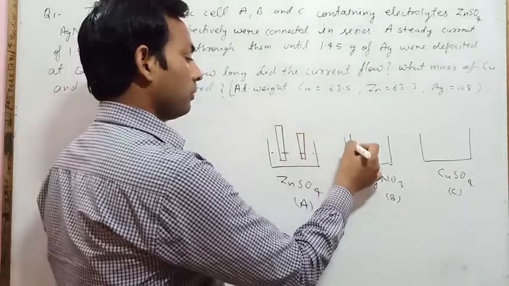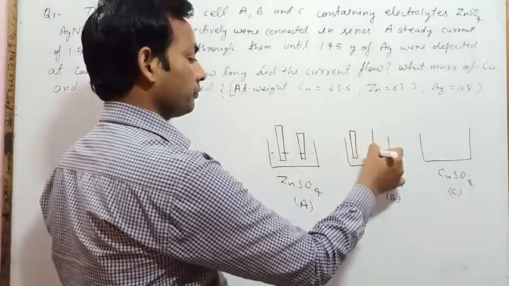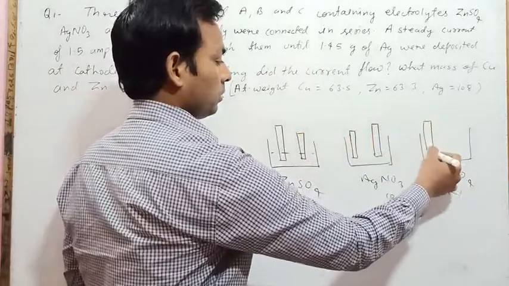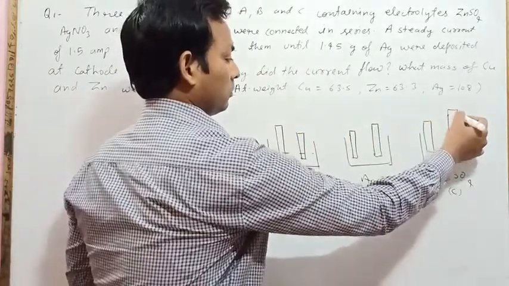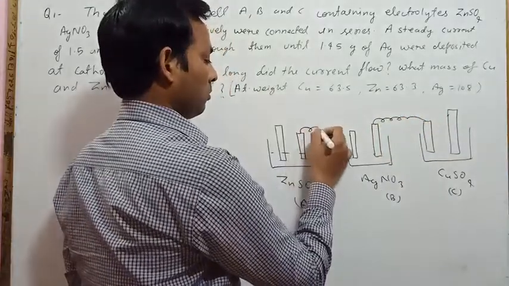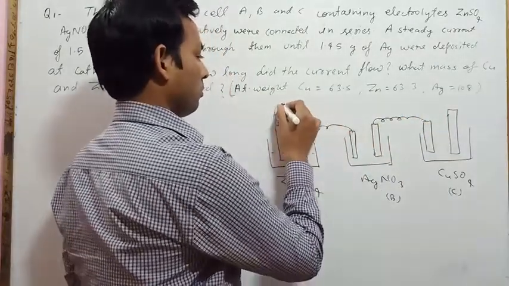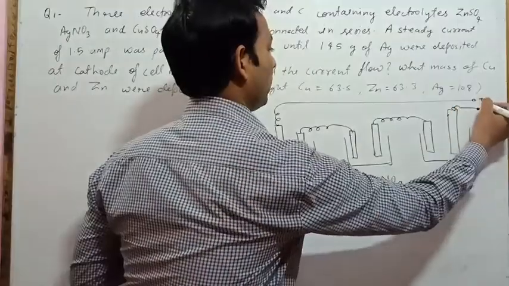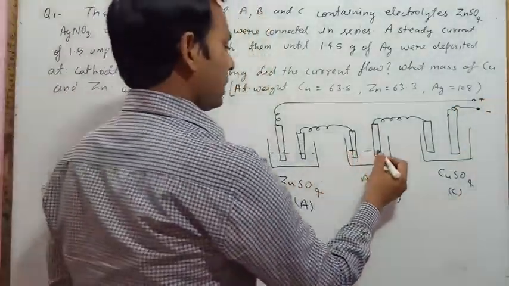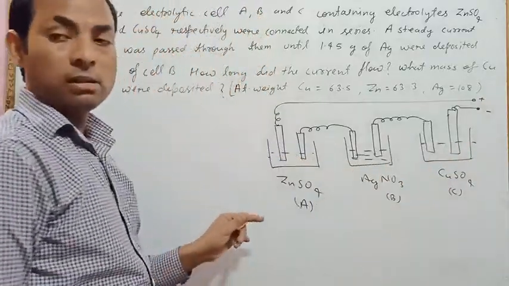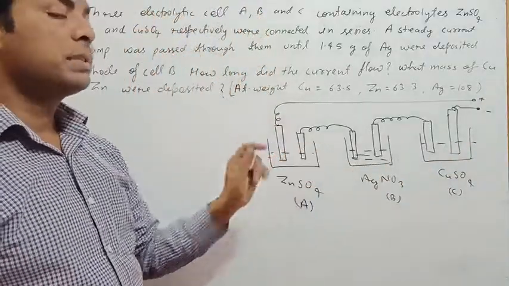This is the electrode. Look at this: three cells are there, A, B, C, and all cells are connected in series order.